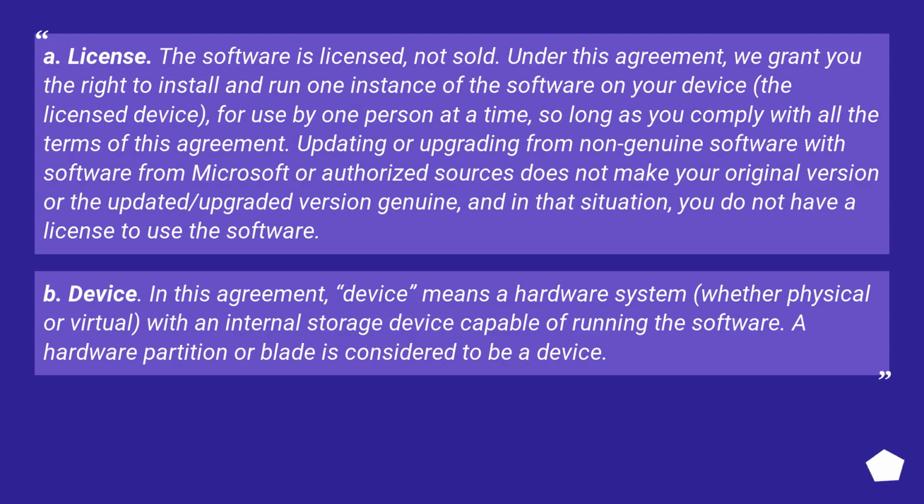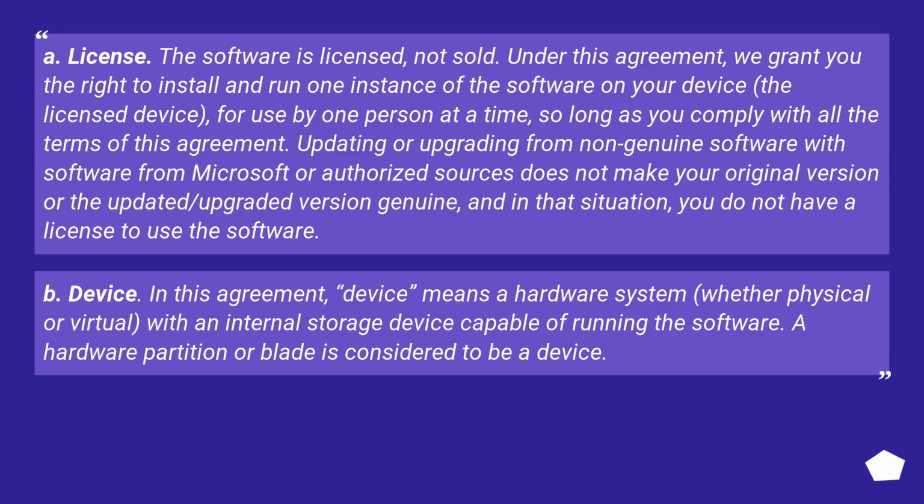A. License. The software is licensed, not sold. Under this agreement, we grant you the right to install and run one instance of the software on your device, the licensed device, for use by one person at a time, so long as you comply with all the terms of this agreement.